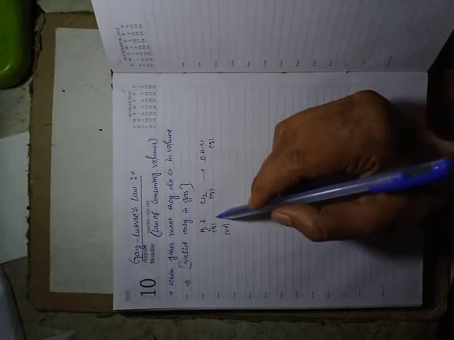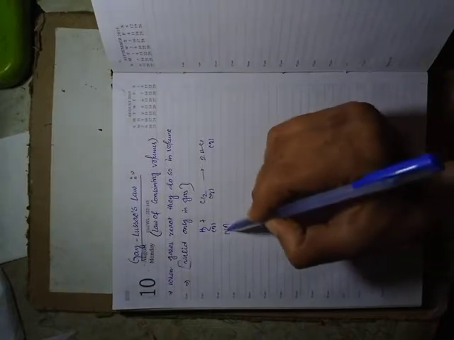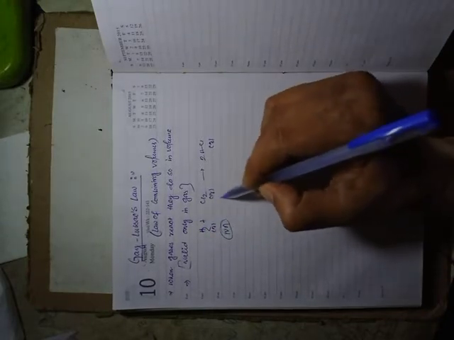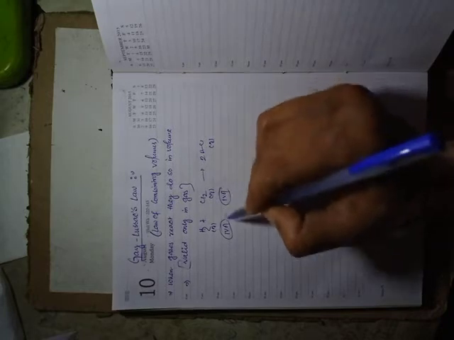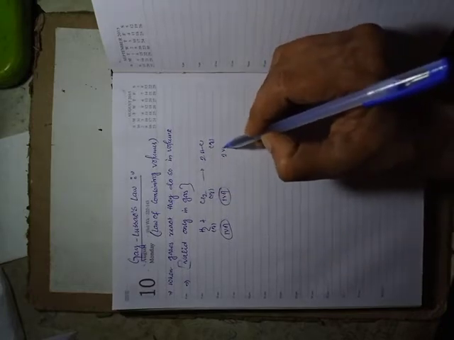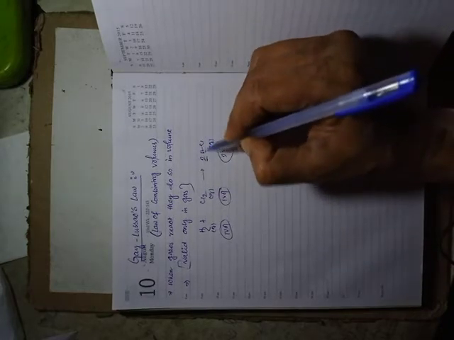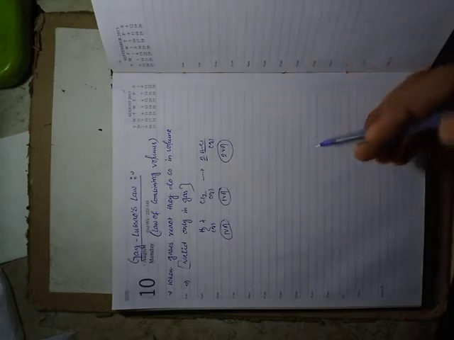Hydrogen reacts with chlorine to form 2HCl. After balancing, one volume of hydrogen reacts with one volume of chlorine and produces two volumes of HCl. This is under all similar conditions, meaning pressure and temperature should be constant.